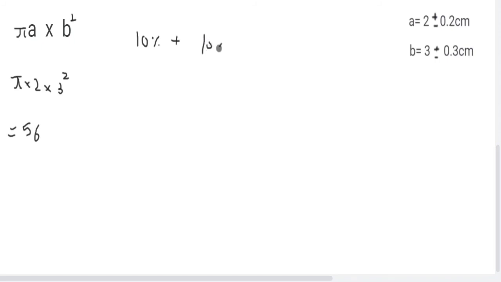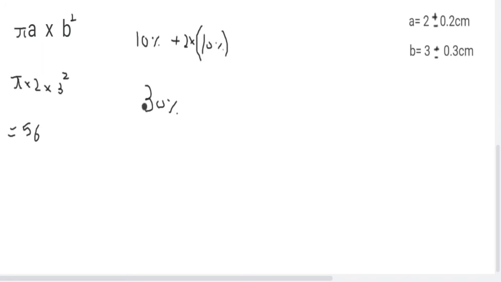But there's an extra step because this B has a square. When something has a power, I would multiply its percentage uncertainty with that power. So in this case, I have 2 as my power, so I would multiply the percentage uncertainty in B with 2. So 2 times the percentage uncertainty of B. I get my final percentage uncertainty as 30%.